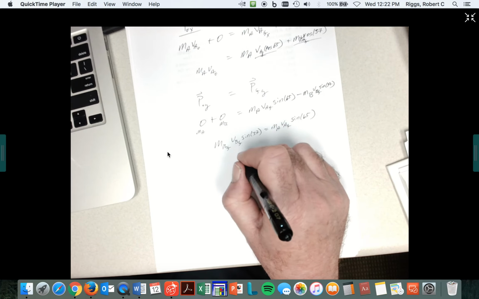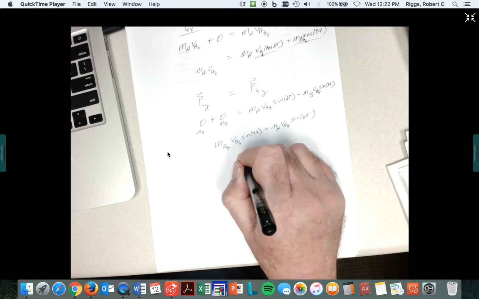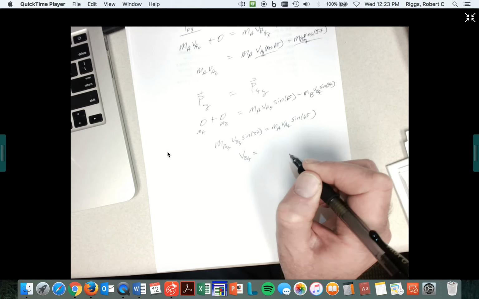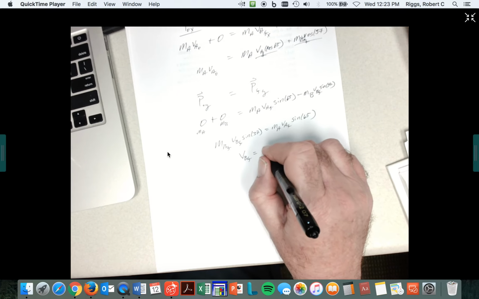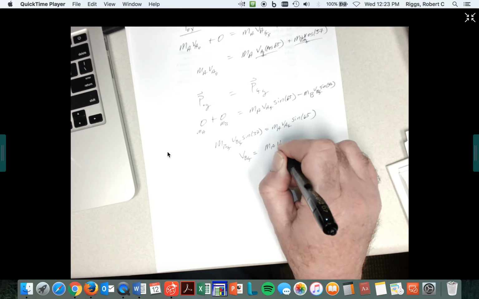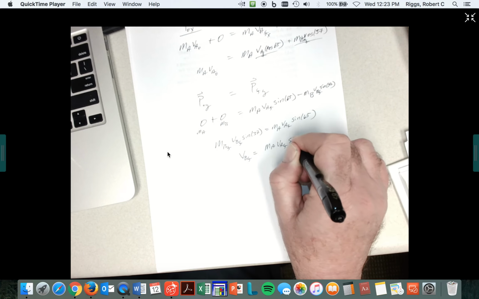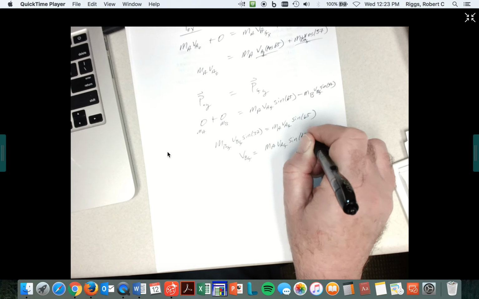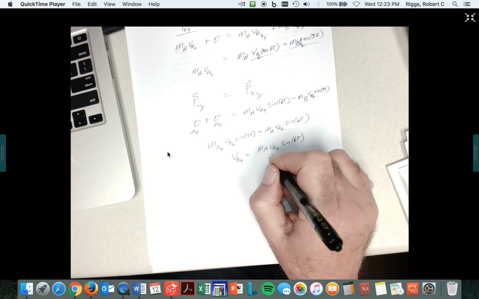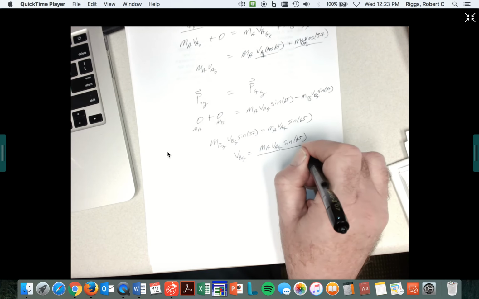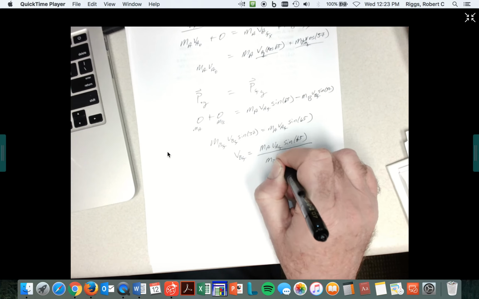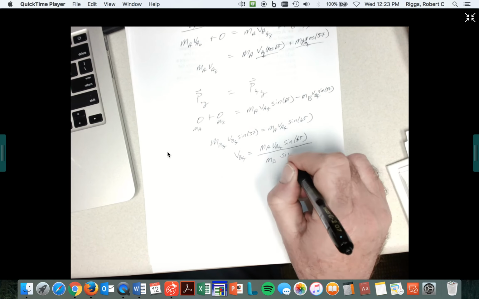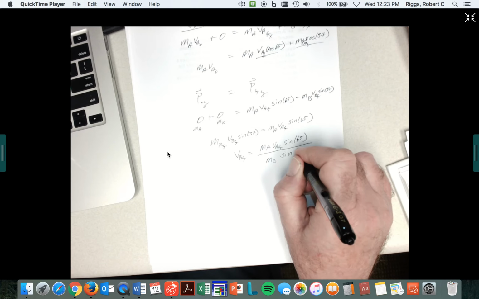So I know that VB final is equal, and you got to be very careful about how you plug this in, is equal to MA VA final times the sine of 65, divided by MB times the sine of 37.